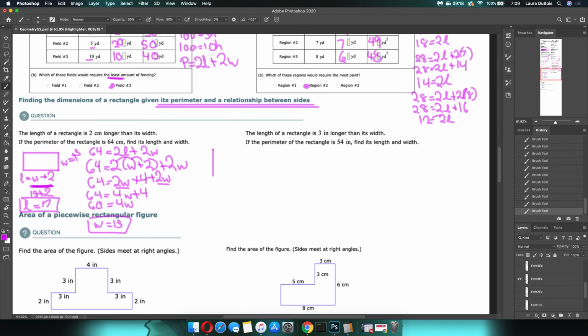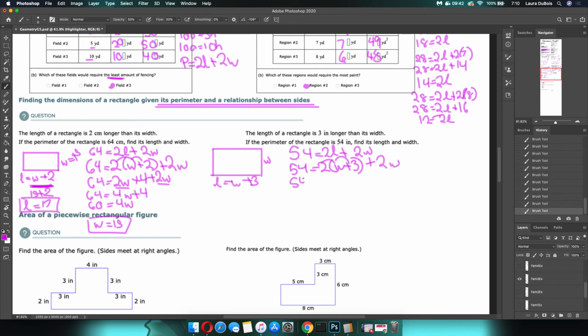Now, again, this time I'm going to be smart and give myself a little bit more room. Let's see here. Length is 3 longer than width. Okay, so 54 equals twice the length plus twice the width. So 54 equals 2 times W plus 3 quantity plus 2W.